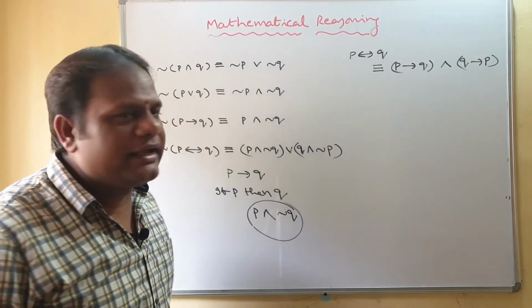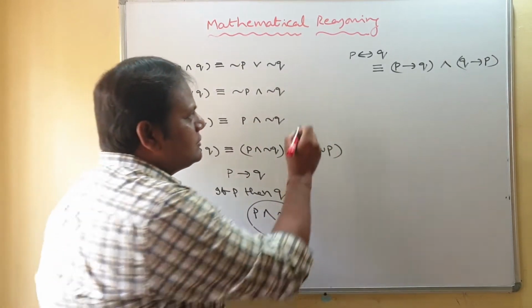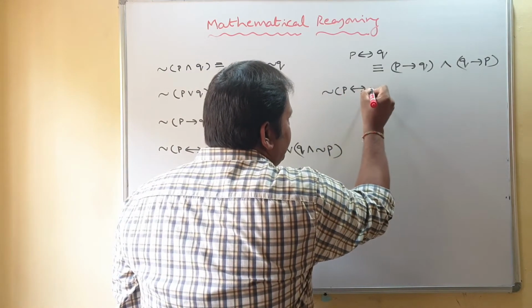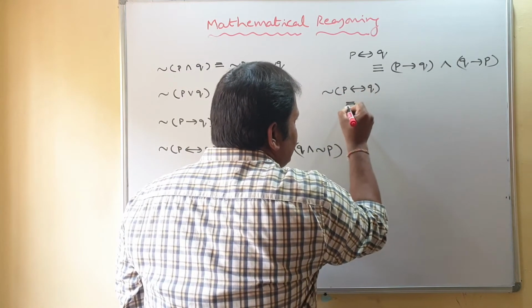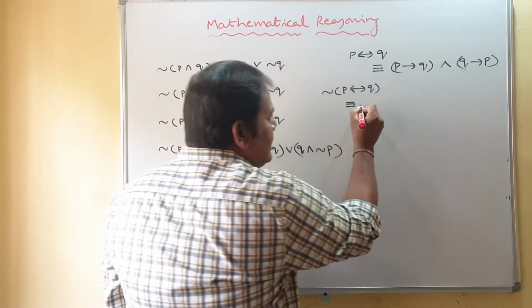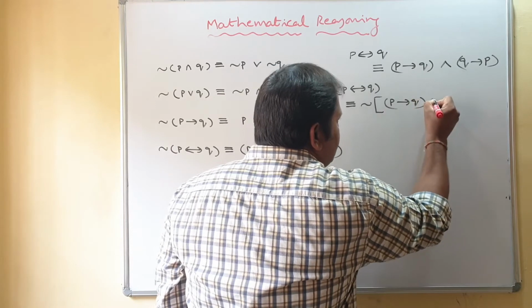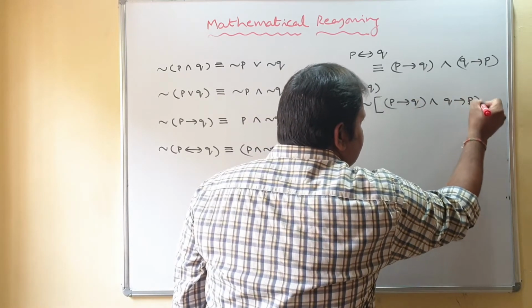Now you should take negation to this, is it? So negation of P implied by implies Q is equivalent to negation of P then Q and Q then P, is it?